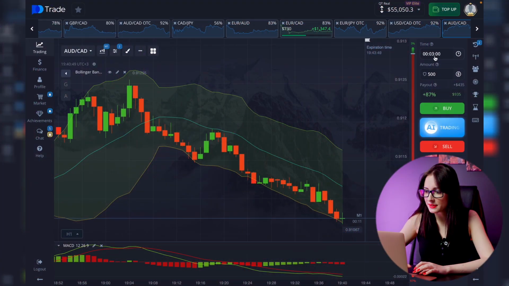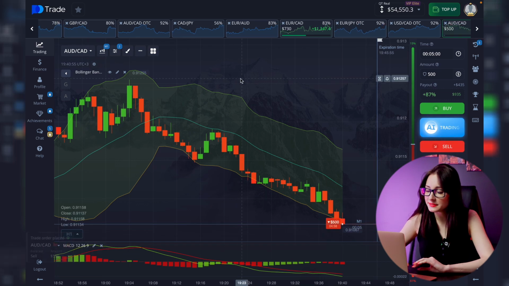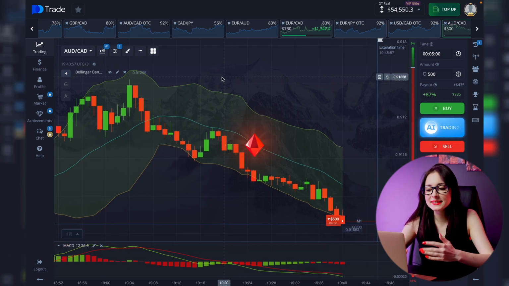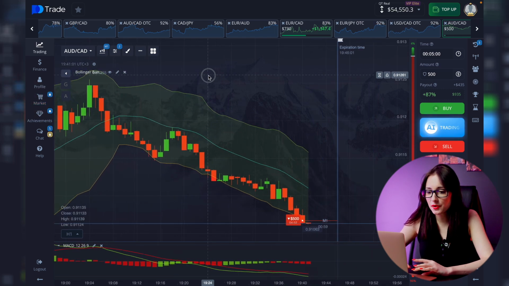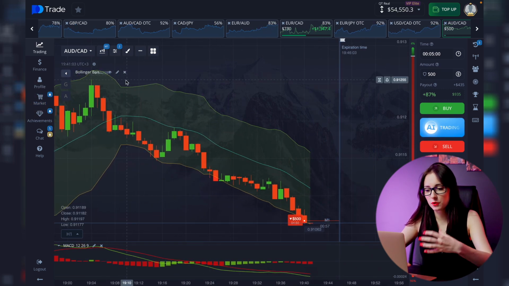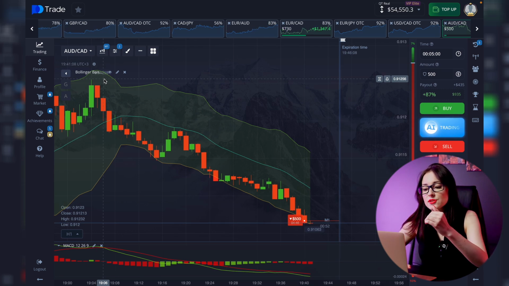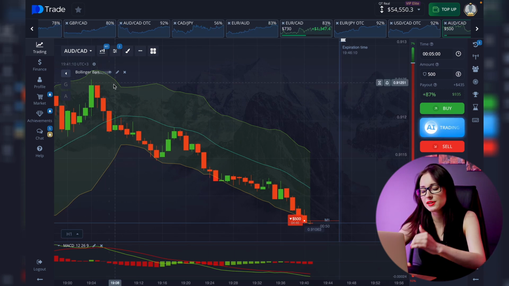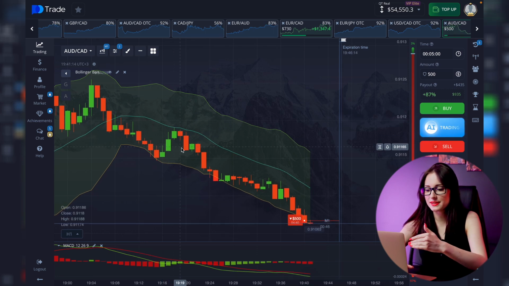Okay, I'm opening the second trade for a sell position. Why did I do it? Well, I see here a continuously developing situation. The price touched the upper Bollinger band, of course, the currency pair being in an overbought condition, and it reversed, and you can see how gradually the price decreases, forming a downtrend.